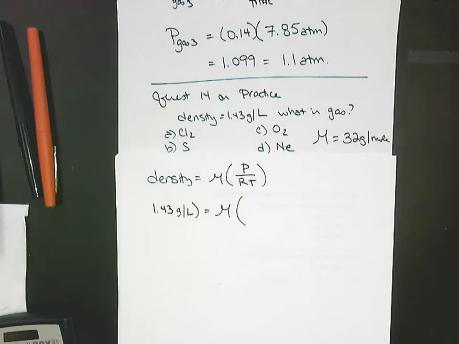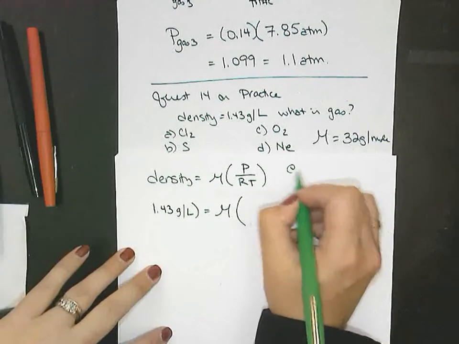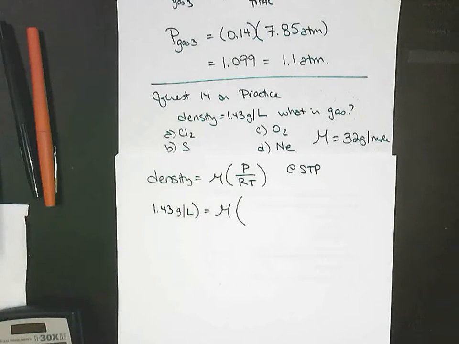The problem also tells you at STP, which I think Mastering does a lot of stuff at STP. Because the density that we have is grams per mole, oh, that's a typo. It should be grams per liter.